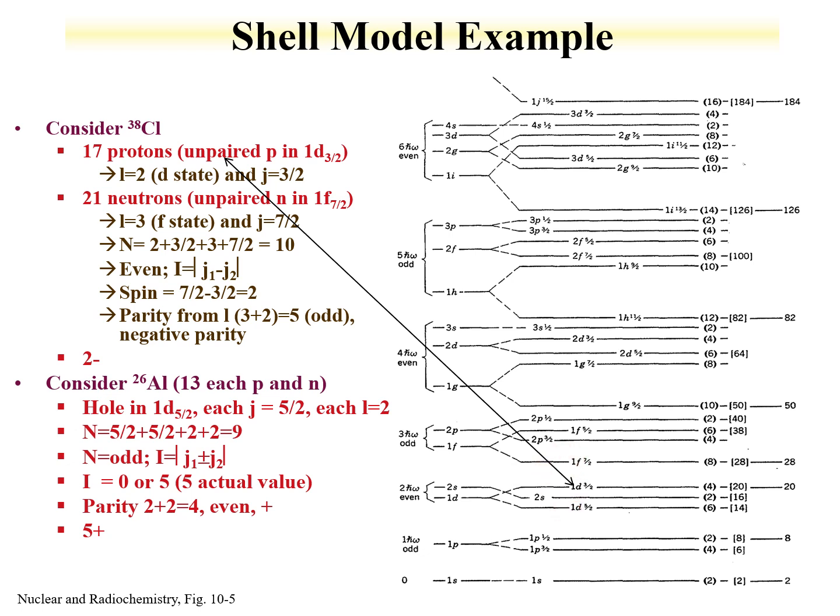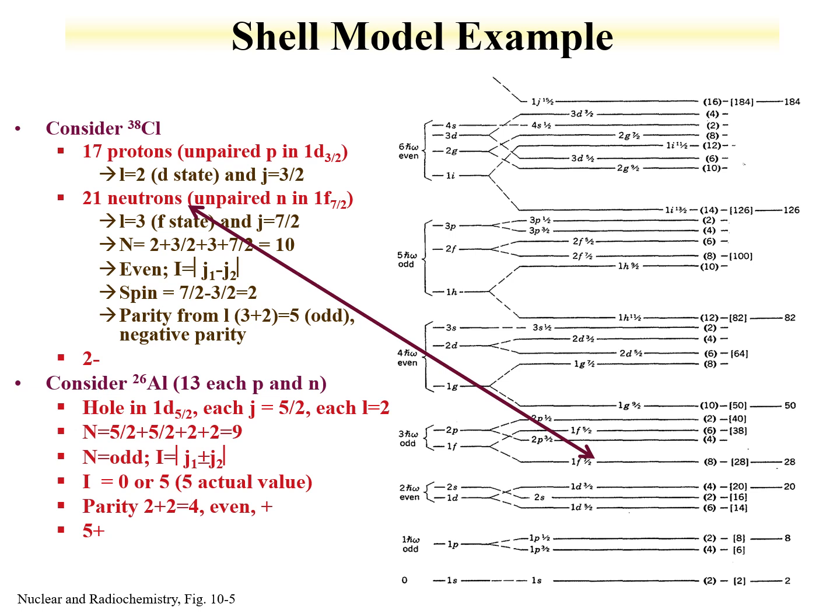S being 0, P being 1, D being 2. And J, the spin, is 3/2. The 21st neutron, there's 20, 21, is in the 1f 7/2 state. So L is 3 for the f state, and J is 7/2.